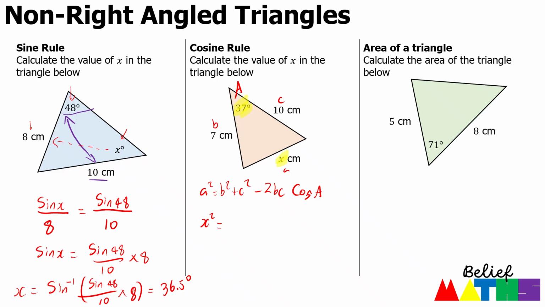x squared is equal to 7 squared plus 10 squared minus 2 times 7 times 10 times the cosine of 37. Now this is a nice easy one for us because the x squared is already on its own.